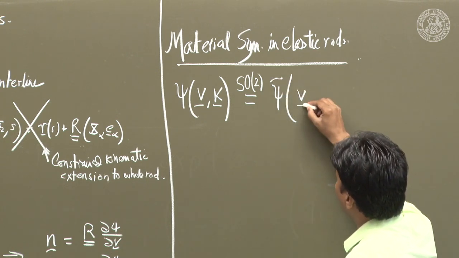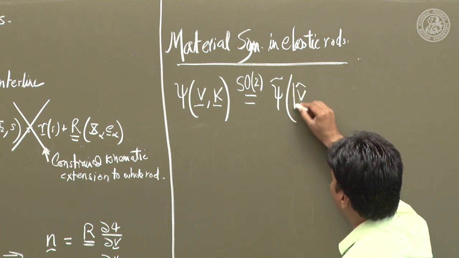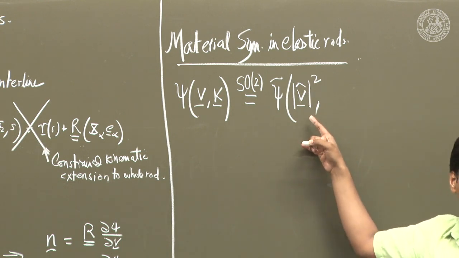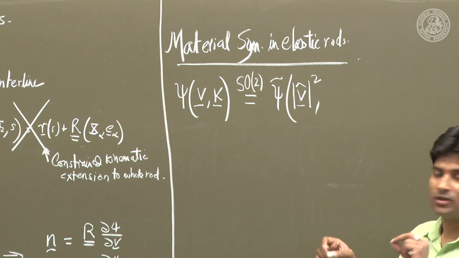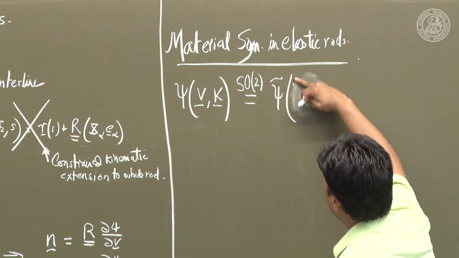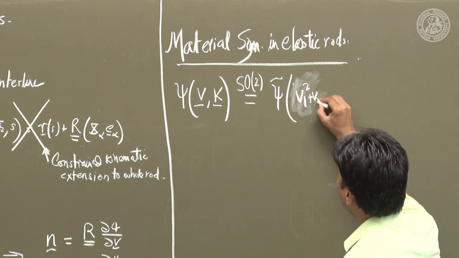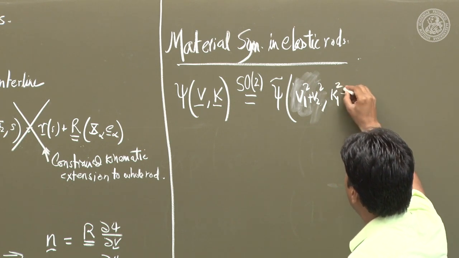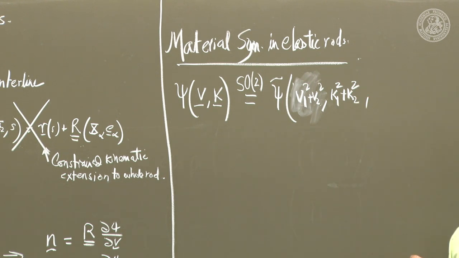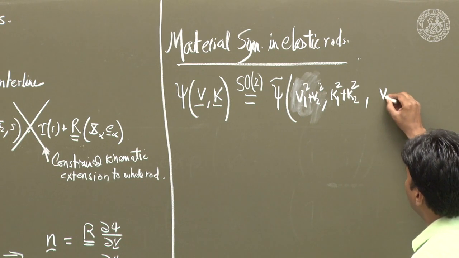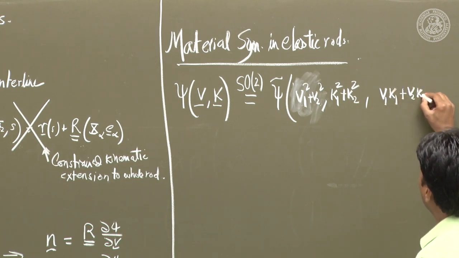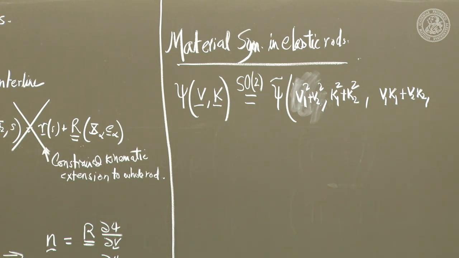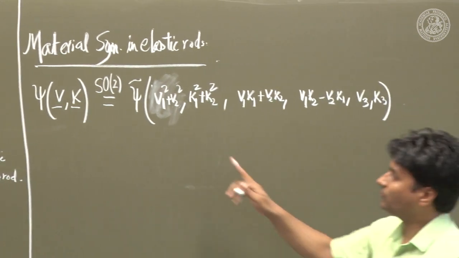The invariants were the magnitude squared of V hat, where V hat had only the first two components of V, V1 squared plus V2 squared; then the magnitude of K hat, which is K1 squared plus K2 squared; then the dot product of V hat and K hat, which is V1 K1 plus V2 K2; the cross product of V hat and K hat, which was V1 K2 minus V2 K1; and V3 K3. So these are all the invariants that you will have if the rod has SO2 symmetry.